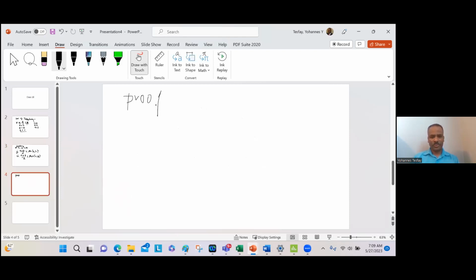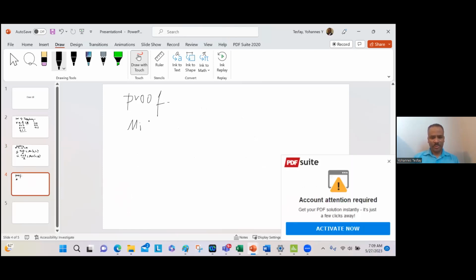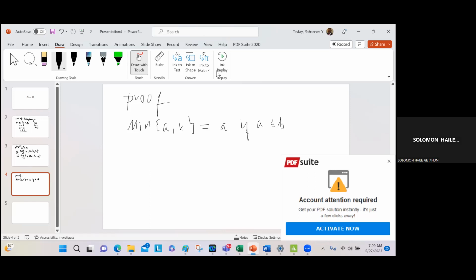Proof. Okay. The minimum of a and b is equal to a if a is less than or equal to b, isn't it? This is true, not? True or not? Yes. Okay.